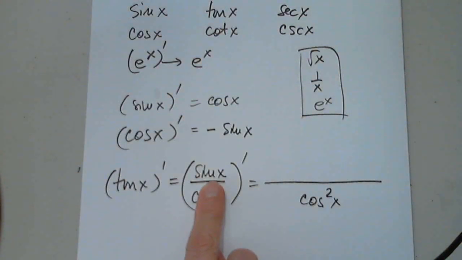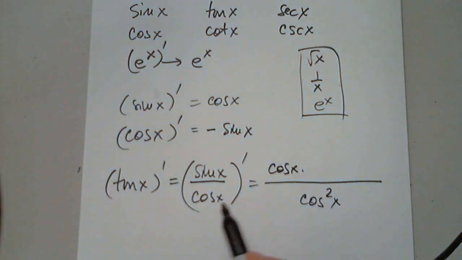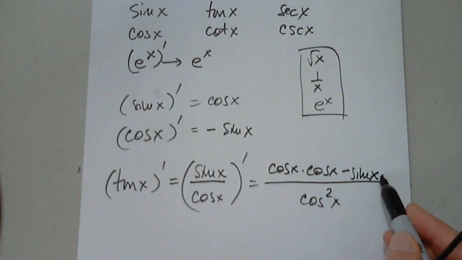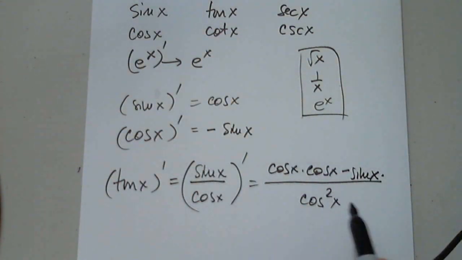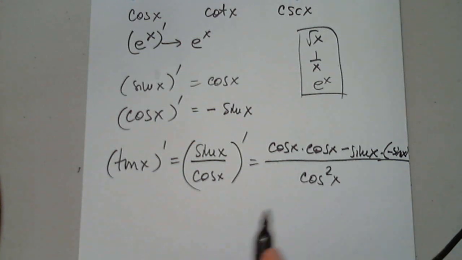I have to differentiate the top, and I get cosine, times cosine, minus. I copy the top, and I differentiate the denominator, which is negative sine x.